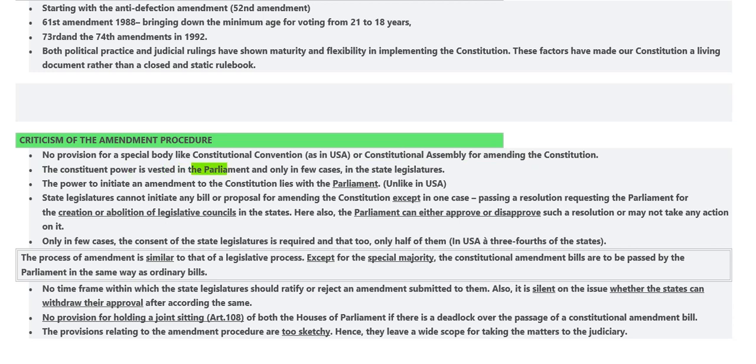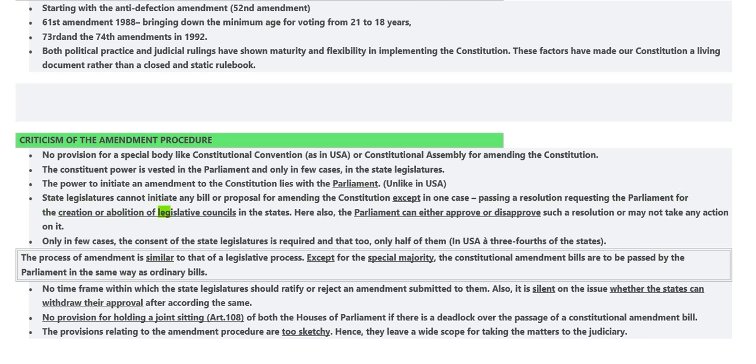Criticism of the amendment procedure. No provision for a special body like Constitutional Convention, as in USA, or Constituent Assembly for amending the Constitution. The constituent power is vested in the Parliament and only in few cases, in the state legislatures. The power to initiate an amendment to the Constitution lies with the Parliament.